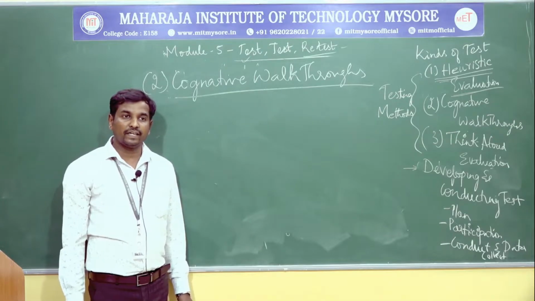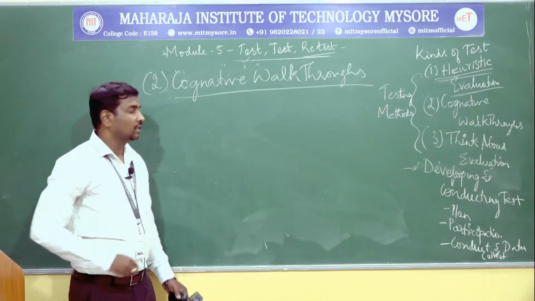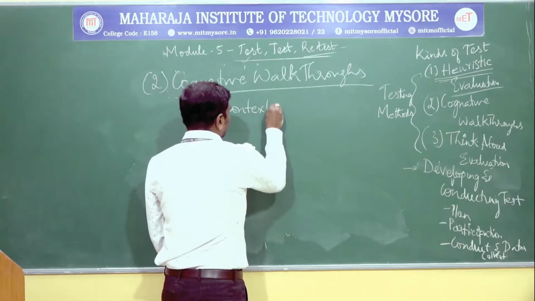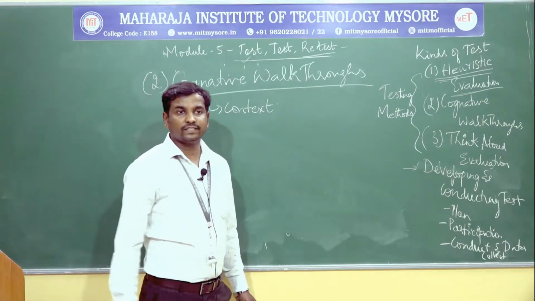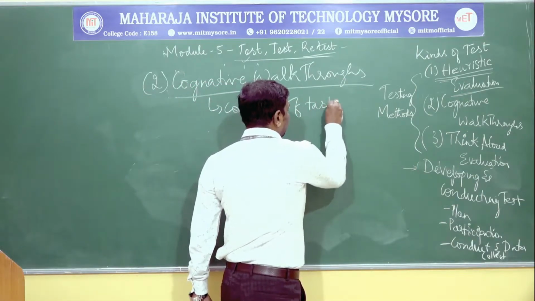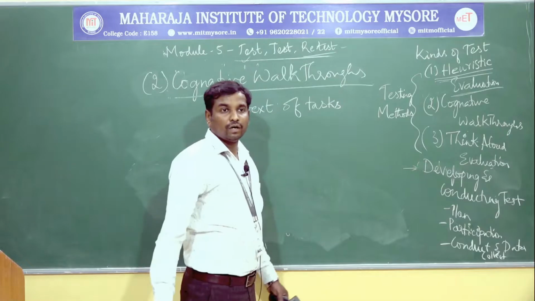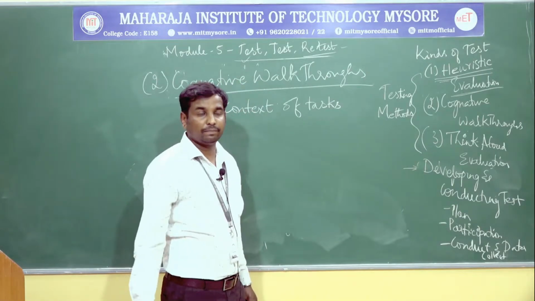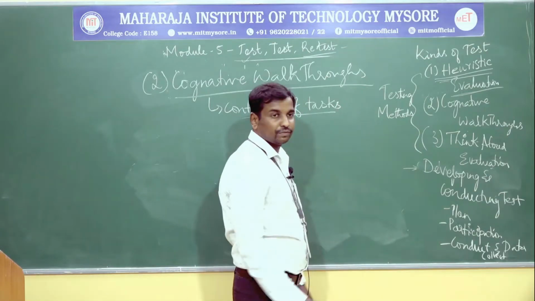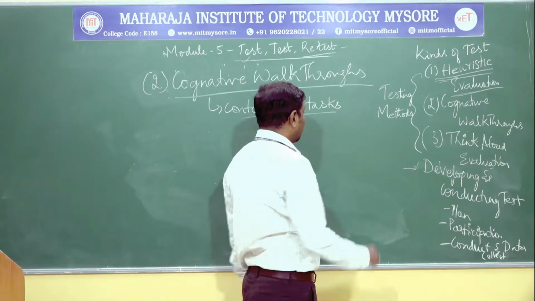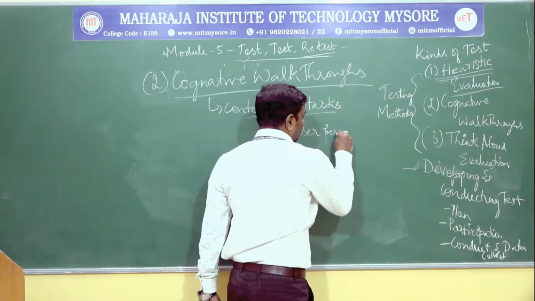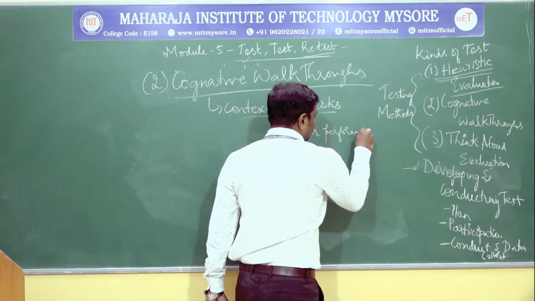This method is developed with respect to the context of the task. For example, what task he wants to do. According to that, we need to develop a prototype. With context to the task, we develop prototypes, and from these we identify the user performance.